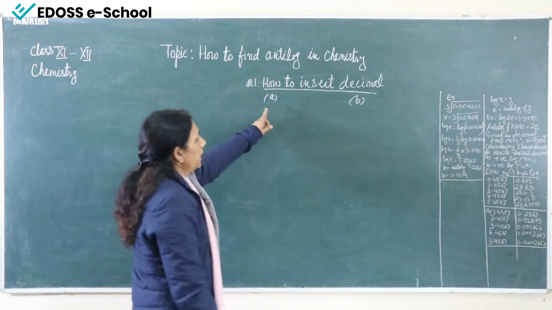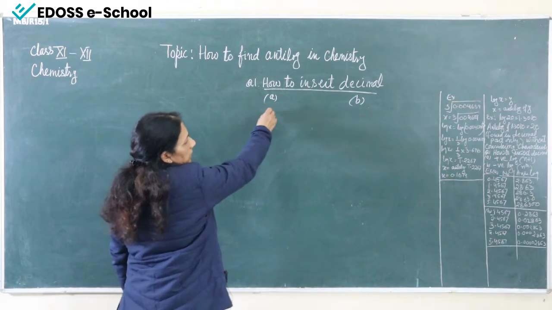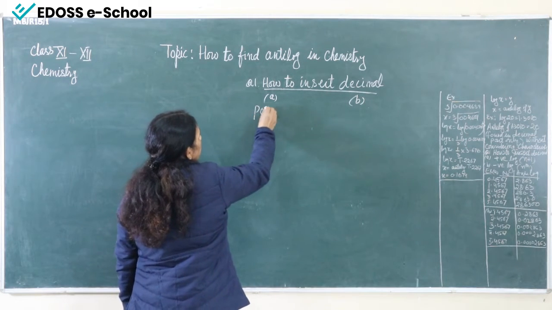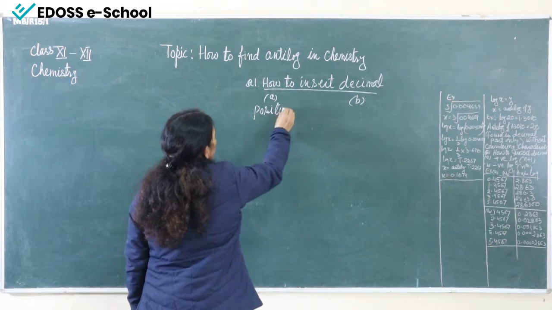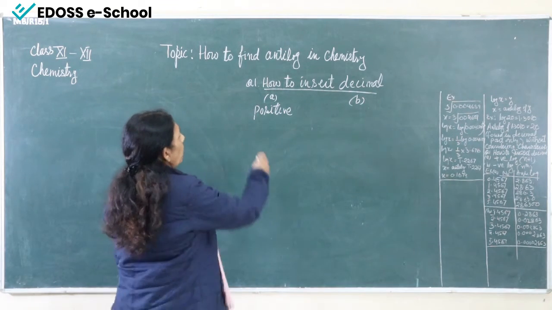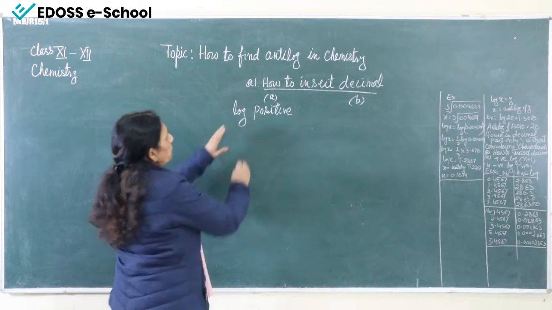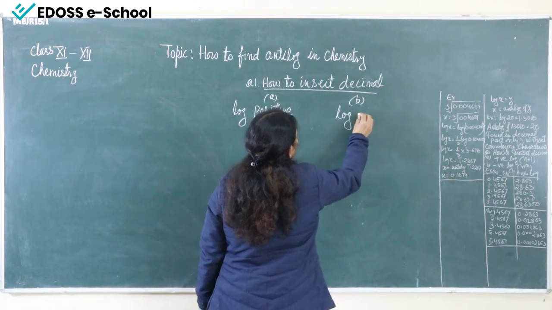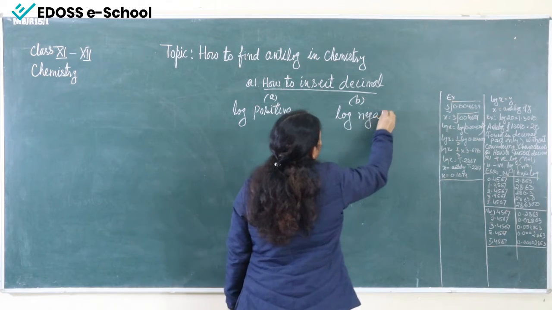A is for a positive log, and B is for a negative log.